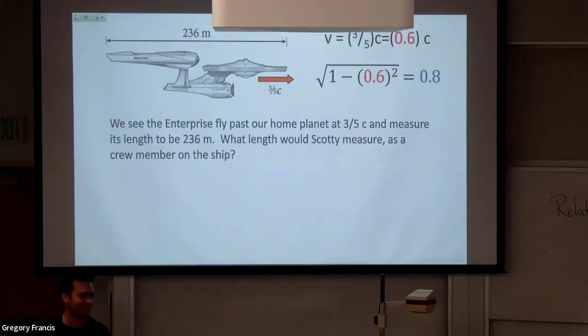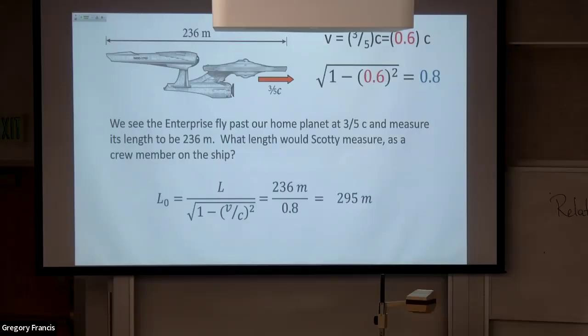And so the question is, if I want to know the length that Scotty measures, do I want something bigger than 236 or smaller than 236? Bigger, because Scotty's on the ship. He can take his sweet time making that measurement, okay? And so I would divide by the relativity factor to make that 236 into 295, okay?